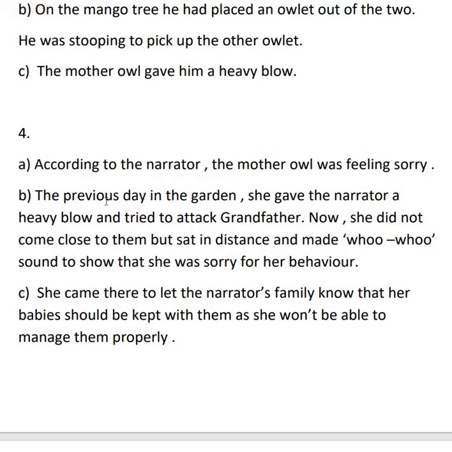The previous day in the garden, she gave the narrator a heavy blow and tried to attack grandfather. Now she didn't come close to them but sat at a distance and made a hoo-hoo sound to show that she was sorry for her behavior.